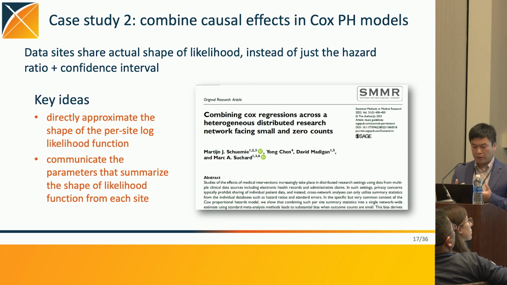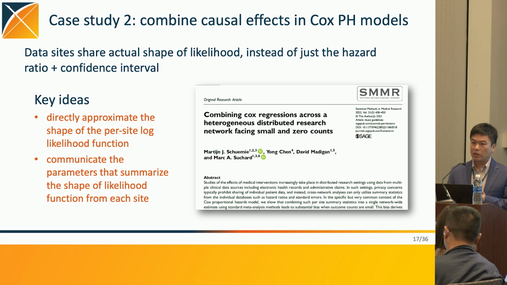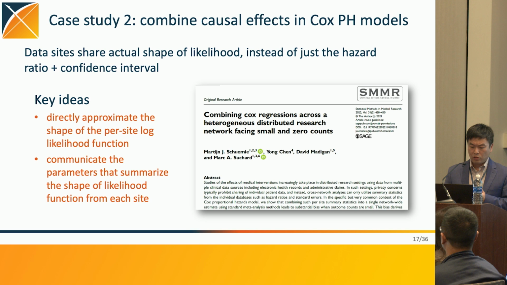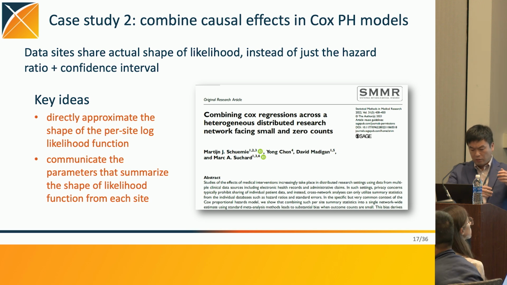Suppose you are in a pharmacoepi setting studying some rare adverse event, for example acute MI, things that happen with very low prevalence. This is a paper that we wrote in the OHDSI community, trying to combine different Cox regression models to aggregate the results from different studies.